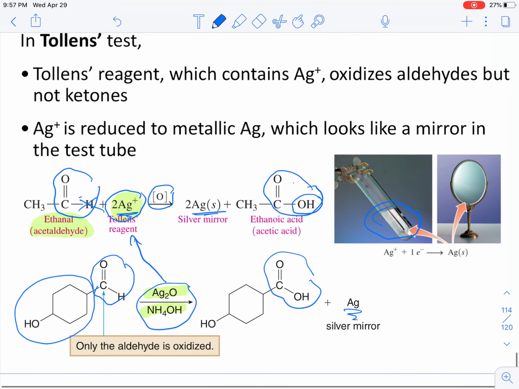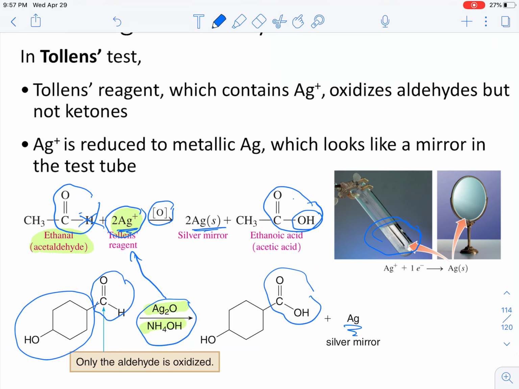Okay. And so if you were presented with an unknown solution, and you use the Tollens test and you get this silver looking structure in your test tube, then it's positive for aldehydes.